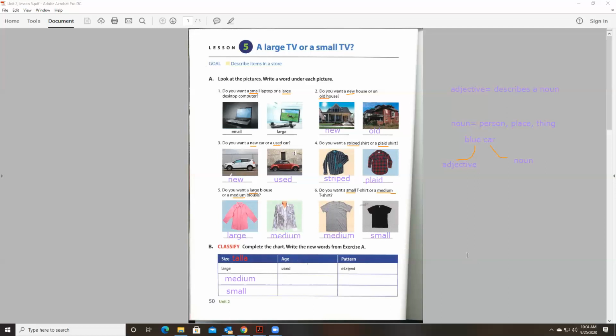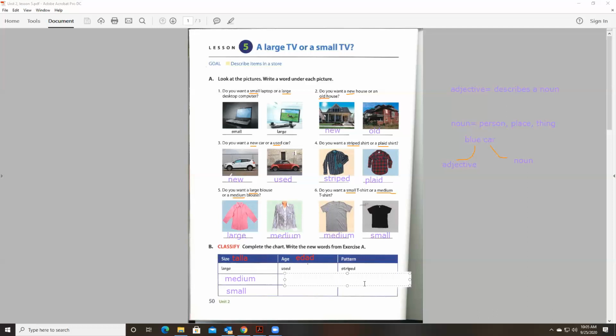Okay, now which ones talk about age or edad? Okay, which words talk about age? Okay, so we have the word used, usado.